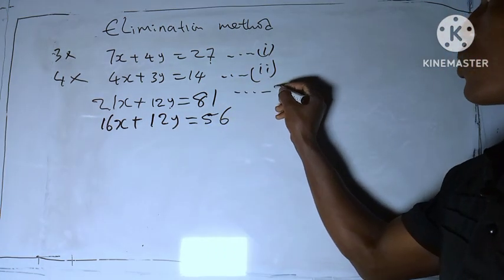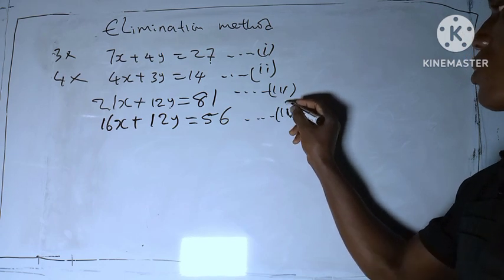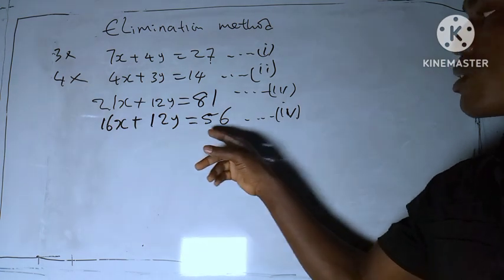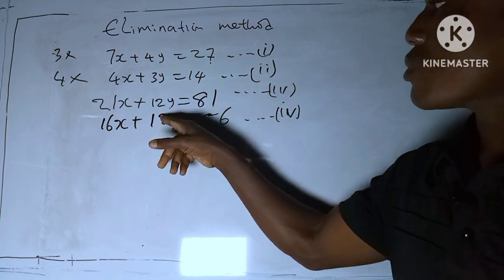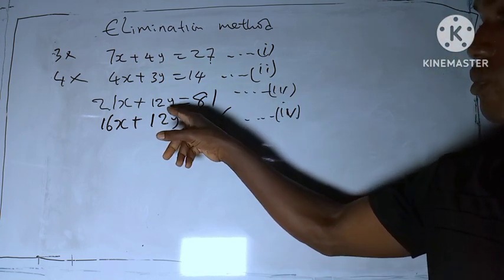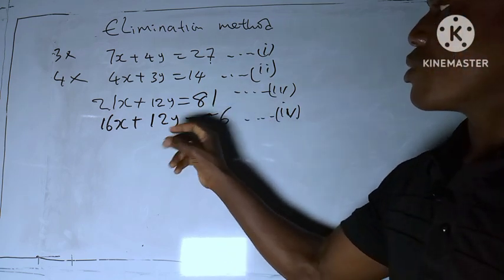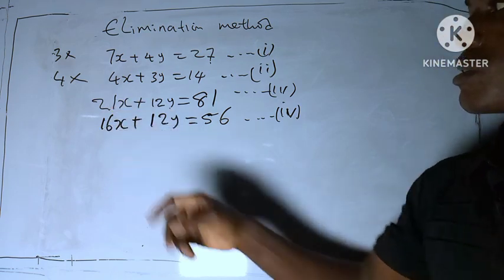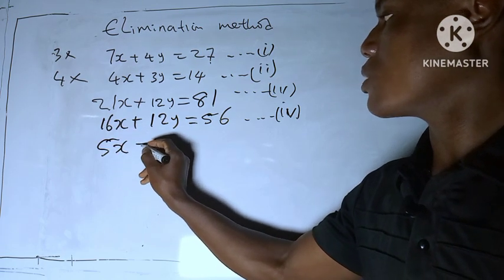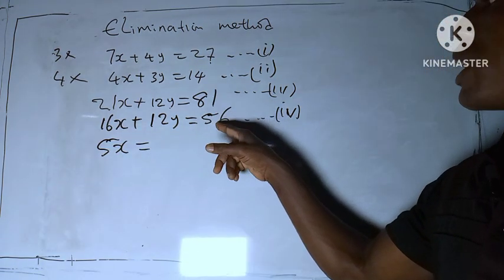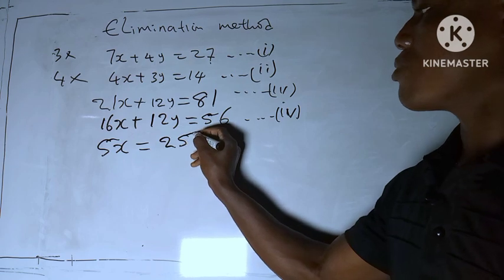Let's make this one our equation 3 and this one our equation 4. So let's subtract equation 4 from equation 3. 12y minus 12y is 0, so no need of writing. 21x minus 16x will give us 5x equals 81 minus 56, which is 25.